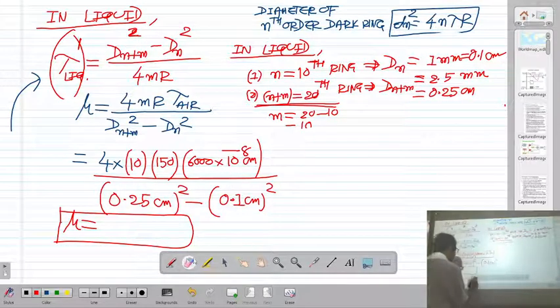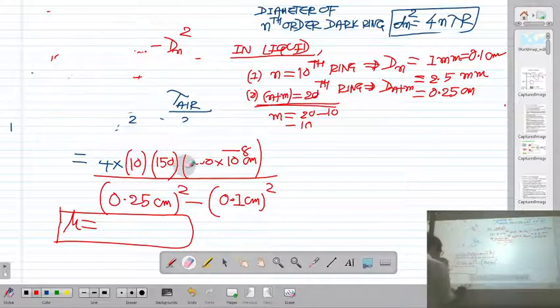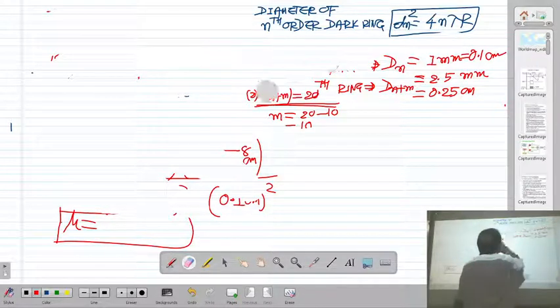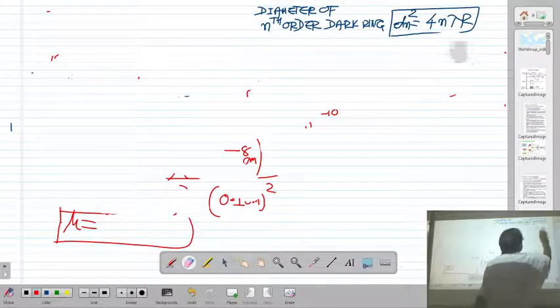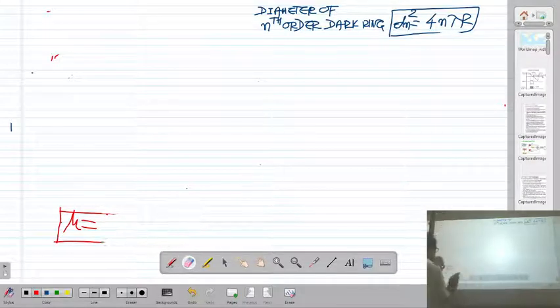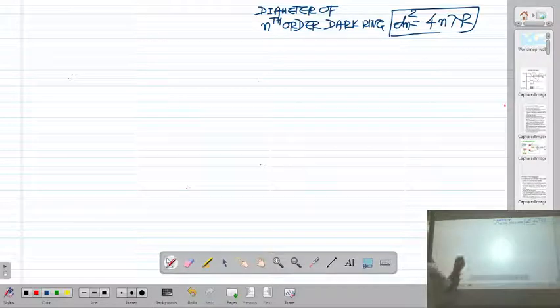And the last example I am giving you for practice. Last example, that is example 3.